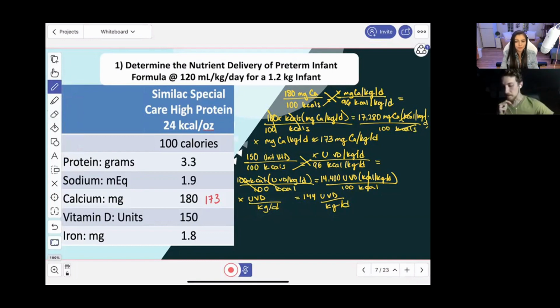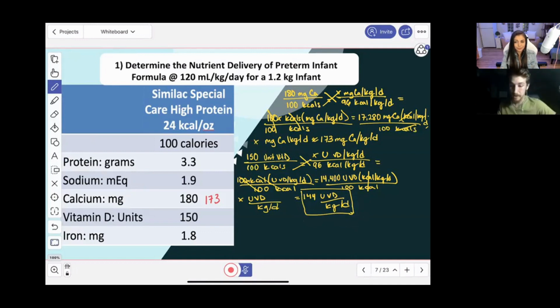So if this infant weighed 1 kilogram, then we would be done, because 1 times 144 is 144. Right. So what we need to do is convert the 144 right here to units per day. And how do we do that? Well, we need to get rid of the kilograms. Since it's in the denominator, you need to multiply by kilograms.